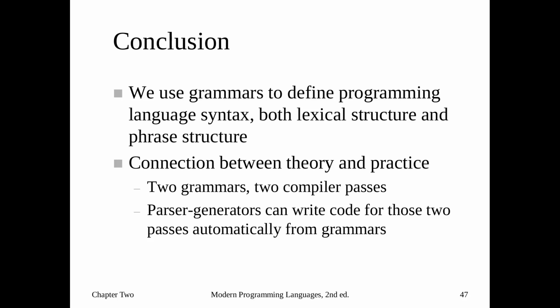Parser generators can write code for both of these passes if we use separate grammars. So parser generators give us the first two-thirds of the compiler by producing the code necessary to generate not only the lexer but also the parser part, which generates the parse tree, which can then be used to execute the compiling phase.